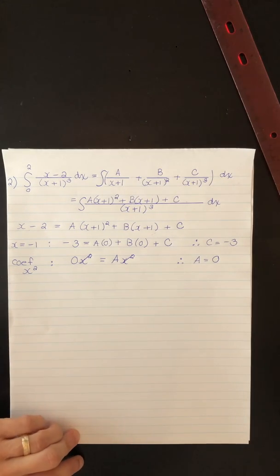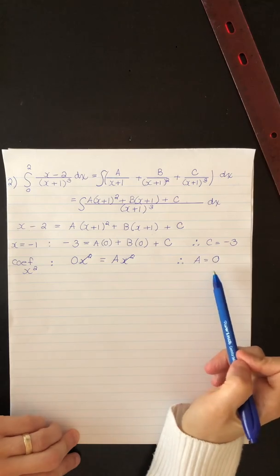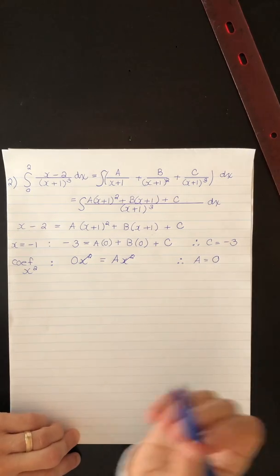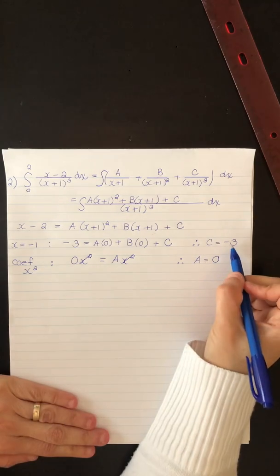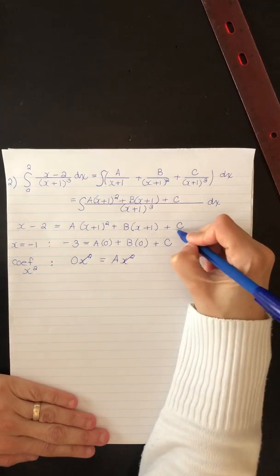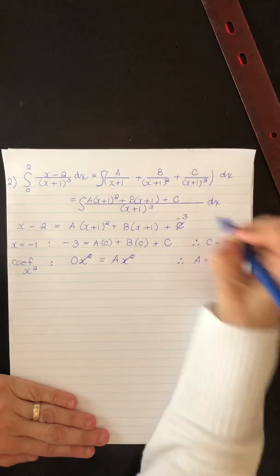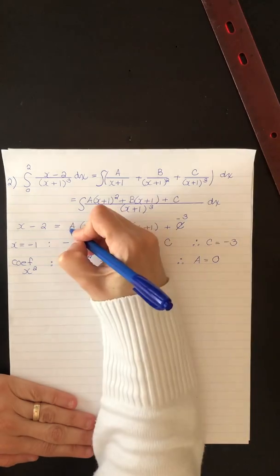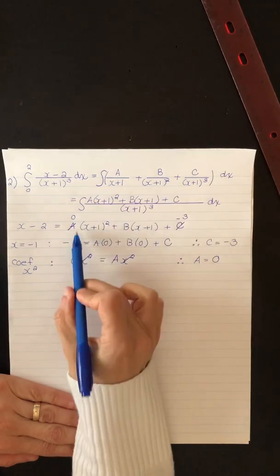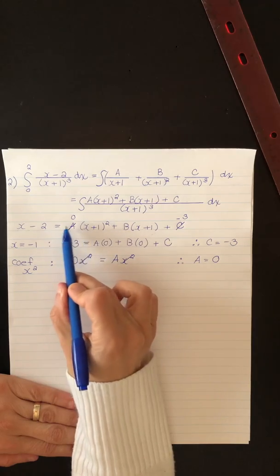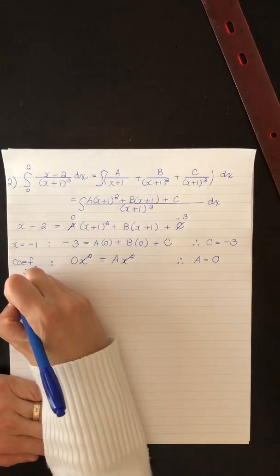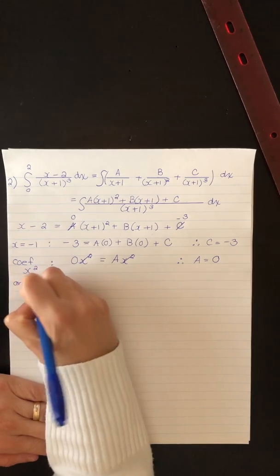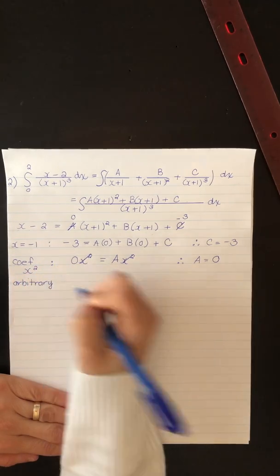Okay, now that there's only one unknown and it's B, we can choose an arbitrary value for x and substitute it, because we know right now that this is -3 and that A is 0, making this whole term gone, by the way, of course. So the only unknown is B. So this is when we can choose an arbitrary value to substitute.